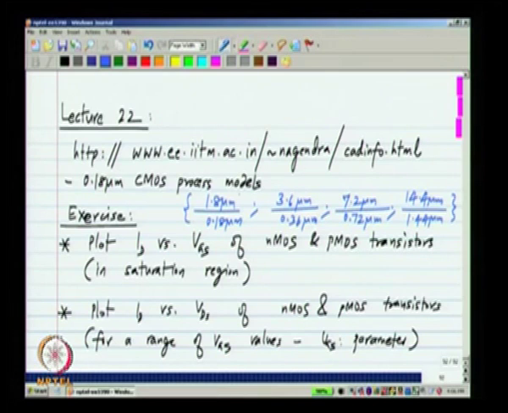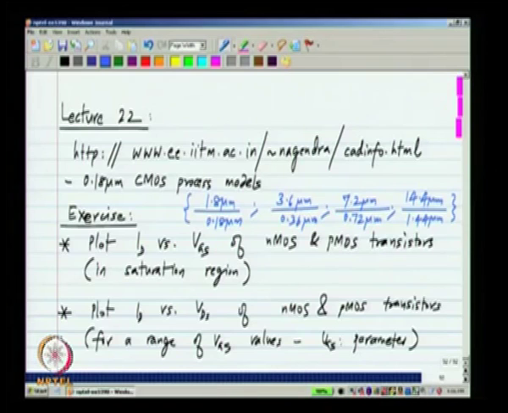Let us say you take these 4 values, you could also take other things in between. The point of these values is that all of them have a W by L ratio of 10, but as I mentioned earlier, there are lots of effects which make the transistor's characteristics deviate from square law.